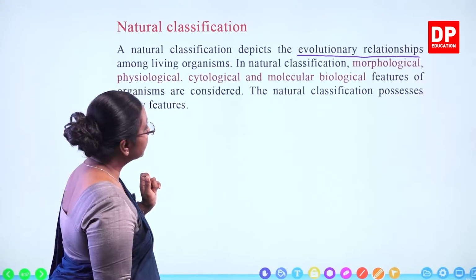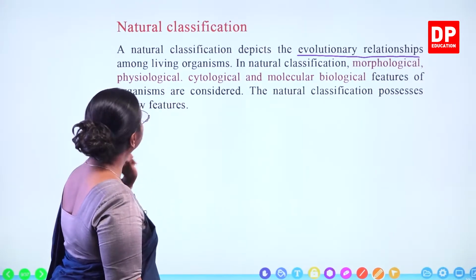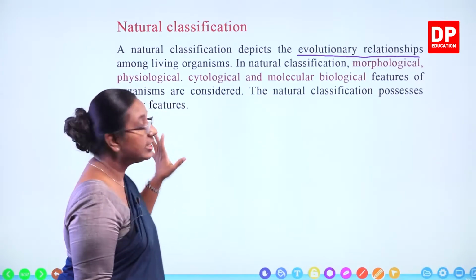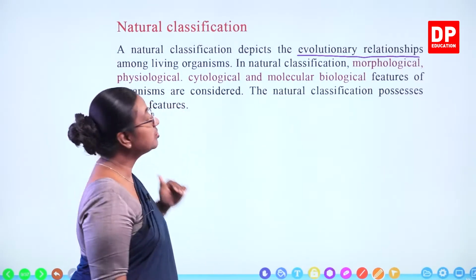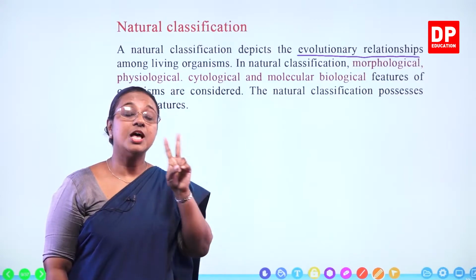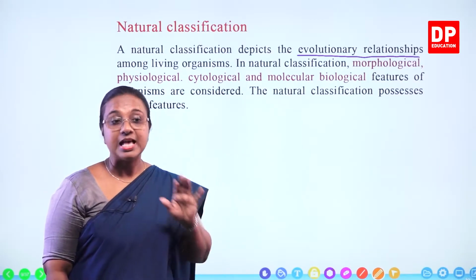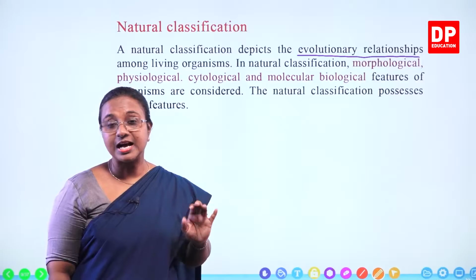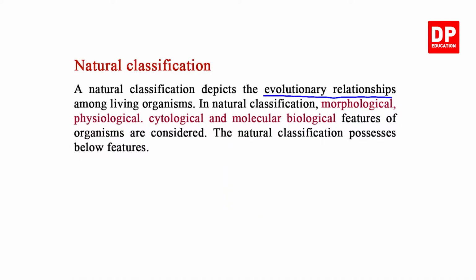So natural classification possesses the below features. Because we consider all these, this natural classification possesses two main features. That is what we are going to discuss now. So if we consider those two features, I will write them first.